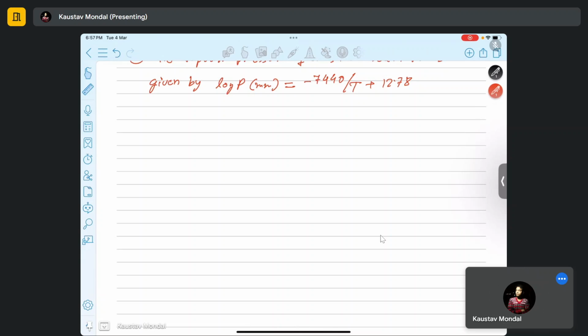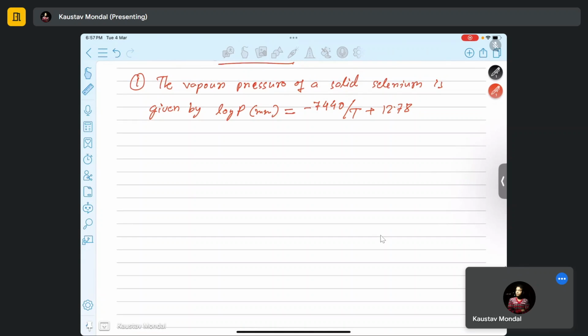And of liquid selenium, the log P is given equal to minus 5390 by T plus 8.63.